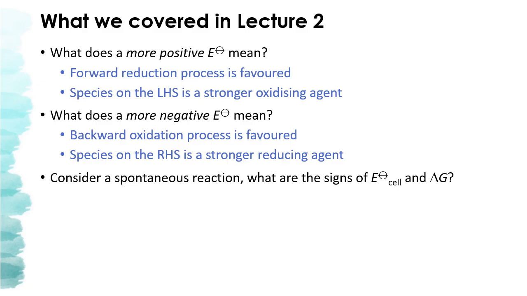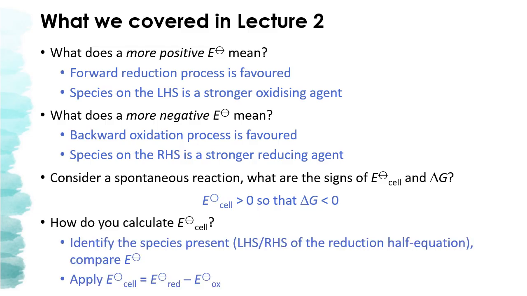Okay, and we need to know the mathematical relationship between the standard electrode cell potential and the change in Gibbs free energy. So when the standard electrode potential of a galvanic cell is bigger than 0, it means the change in Gibbs free energy is negative, because the relation says that change in G equals minus nFE.